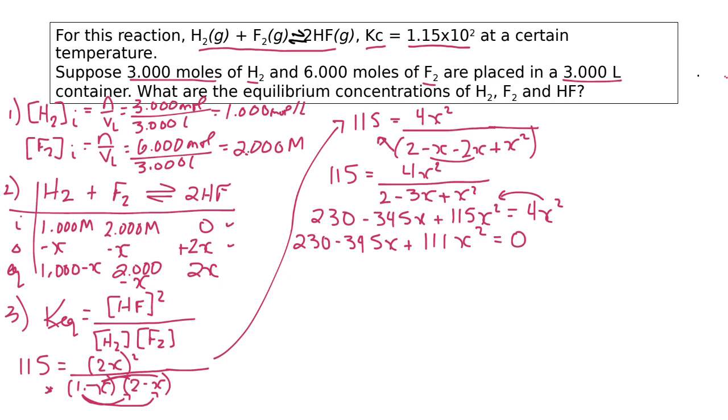So we're going to first start by setting up that quadratic. So x is equal to negative b plus or minus the square root of b squared minus 4ac all over 2a. And you guys should know that the a term is your x squared term, the b term is the x term, and then the c term is the non-x term.